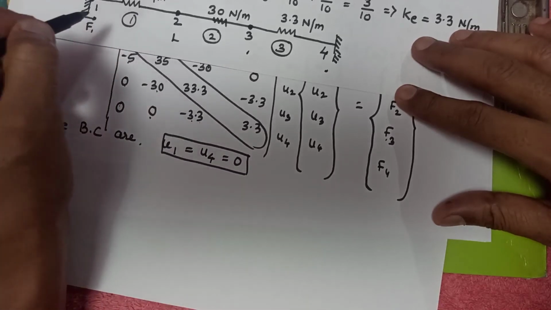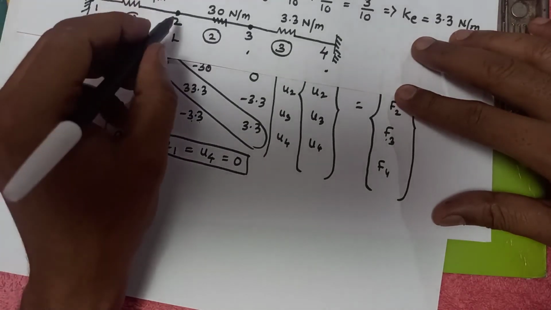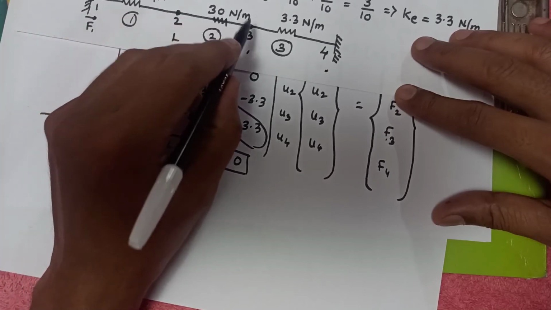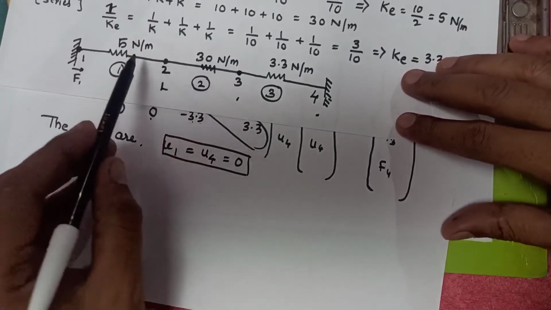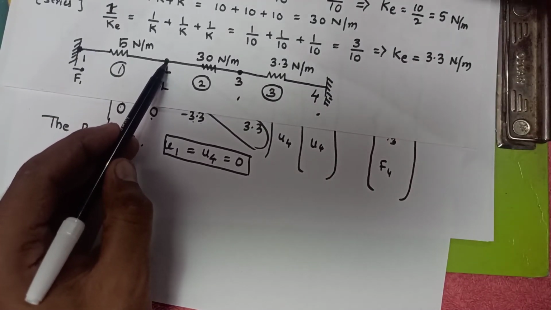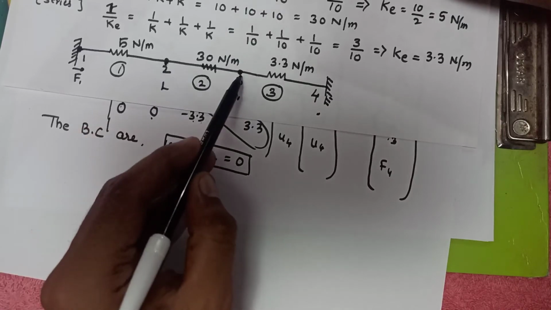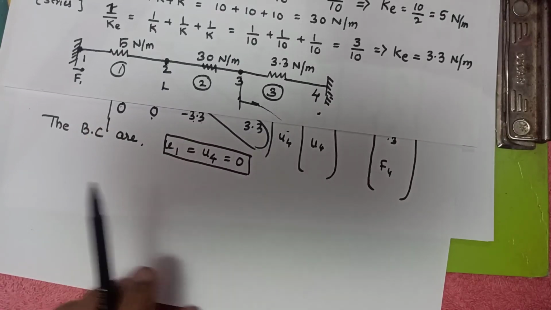After that you need to calculate U2, U3, that is remaining, because at nodes 2 and 3 there will be displacement. Now the force is applied here, 1 kilonewton.